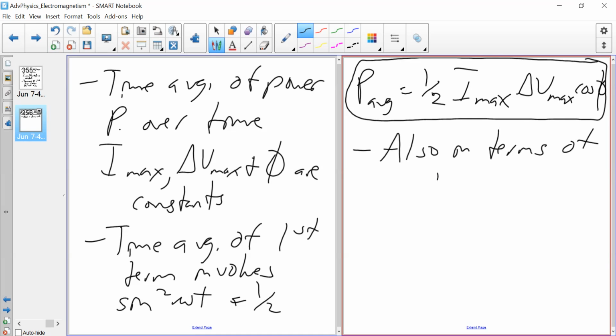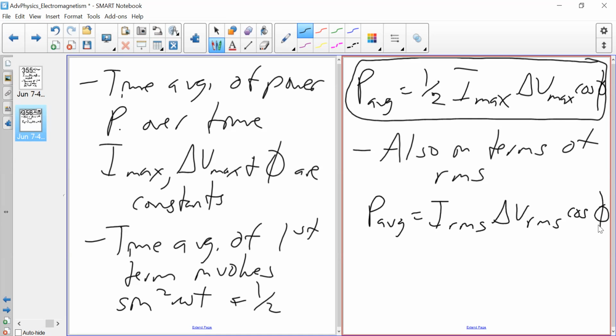Also in terms of RMS values: I RMS, delta V RMS, cosine phi. And remember that RMS is the half of the maximum current.